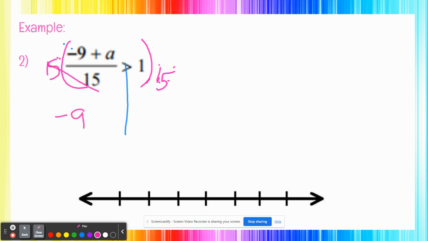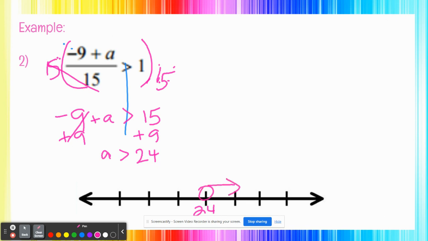We bring down -9 plus a. Bring down your inequality, and then 1 times 15 is 15. So now it's a one-step inequality, so we're going to add 9 to both sides. Bring a down, bring my inequality sign down, and you get 24. So that is an open dot, and all the values to the right are greater.